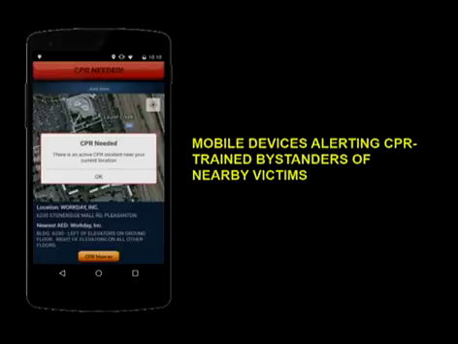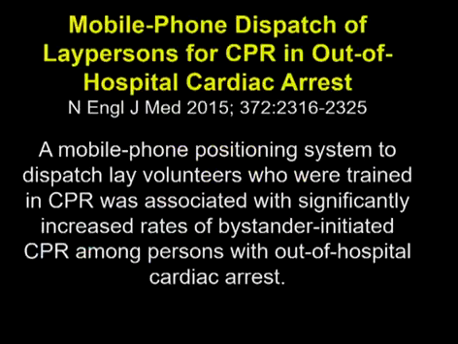You can be informed there's a cardiac arrest a couple of blocks from you, and that an AED is in a given location, so that bystander CPR can be started as early as possible before the ambulance arrives. That's something new that is being encouraged by the guidelines of 2015: mobile phone dispatch of laypersons. In fact, that was already shown to be effective in a study published in the New England Journal of Medicine.